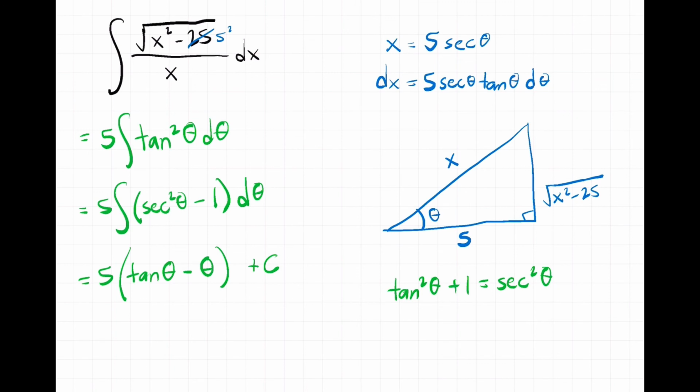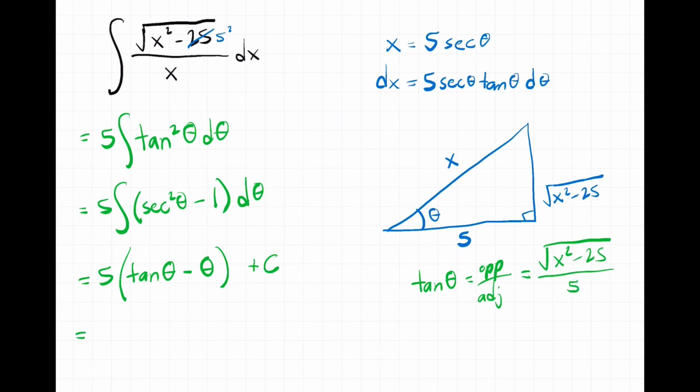Now we're ready for our final step, which is to replace all of our functions of theta back with functions of x. So how do we do this? Let's look first at our triangle. What is the tangent of theta? Well, that's pretty easy to figure out. Tangent of theta is always opposite over adjacent, and we know that our opposite over adjacent is the square root of x squared minus 25 all over the adjacent side, which is 5.